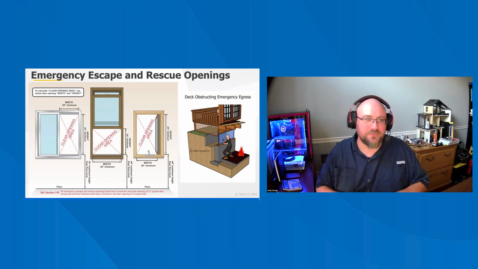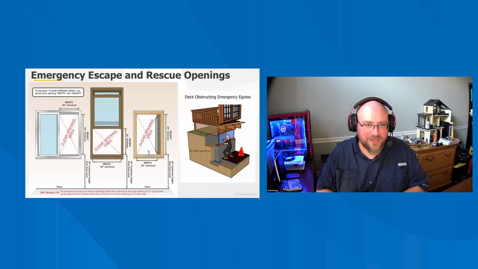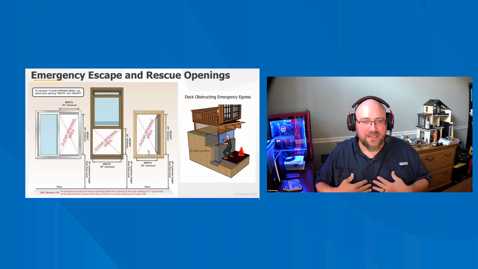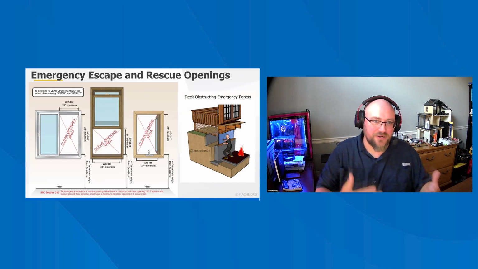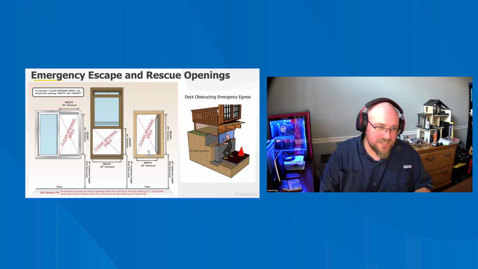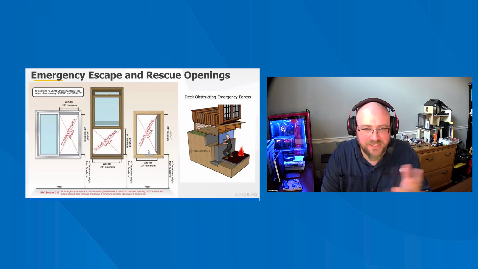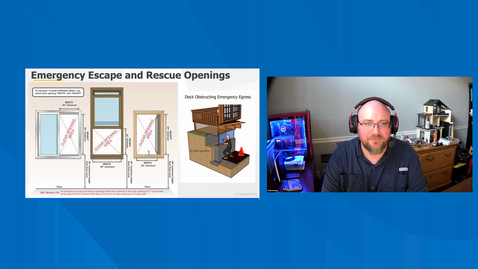Is this a storage room? And I start evaluating that way. If I can't climb out of it, if it's too high off the ground or the window area is too small, that's when I start to get into the details of what the clear opening area is and how high it is off the ground. Those are my indicators that then I'll go and take my measurements and evaluate that for emergency escape and rescue.